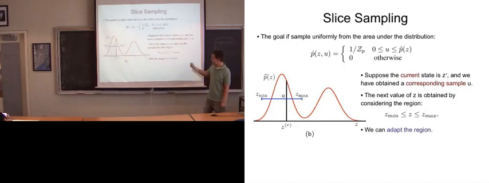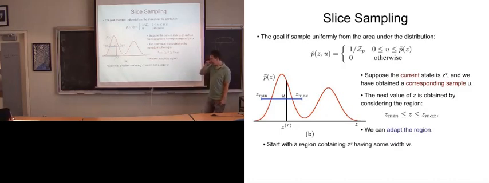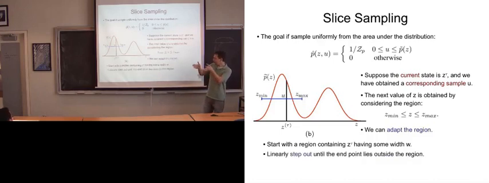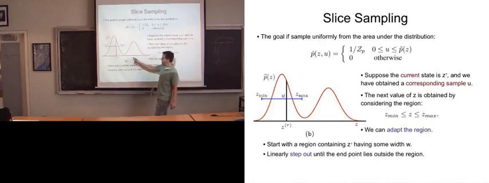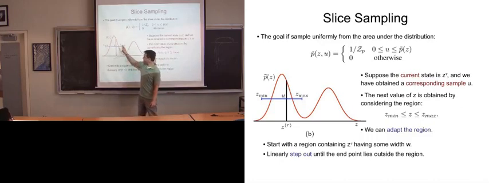In fact, you can adapt the region. You start with a region around Z tau having some width W, and then you linearly step out until both end points lie outside of your target distribution. In this case, for example, you can compute that this point lies outside, and this one lies outside. So you have a stepping out procedure.